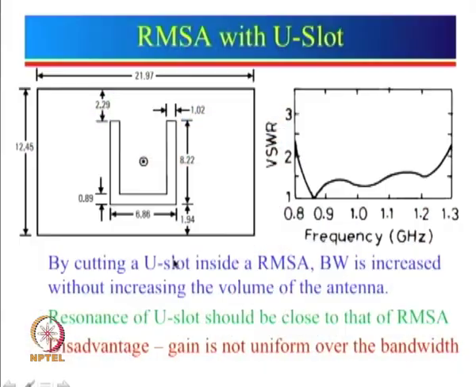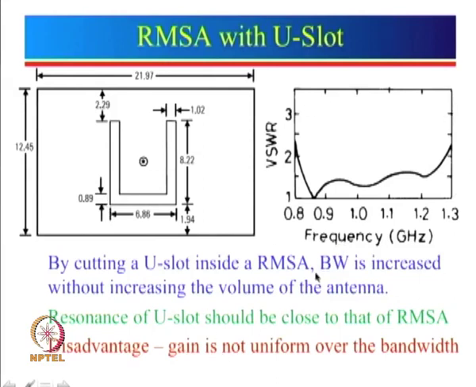Or we looked at the gap coupled configuration or directly coupled configuration, again the overall patch dimensions are increasing, that means volume is increasing. So, this became a very famous configuration where volume was not increased, exactly the same volume was there, and in that volume itself the slot was cut to increase the bandwidth.